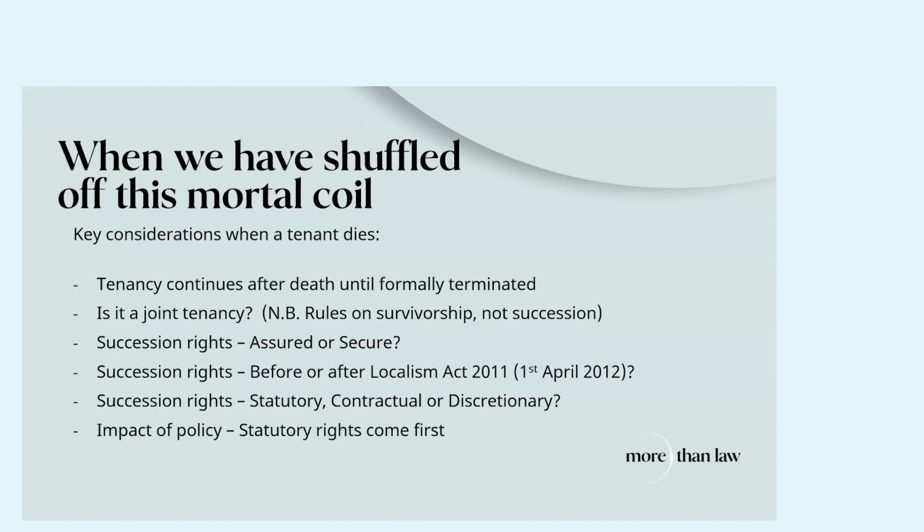Now, this included long-term cohabiting partners, also included children, parents, and nephews and nieces, and brothers and sisters, and so on. But they had to have been living with the deceased tenant for 12 months before the date of death. And that's what a lot of disputes have often turned on, is whether they could prove whether there'd been 12-month occupancy or not.